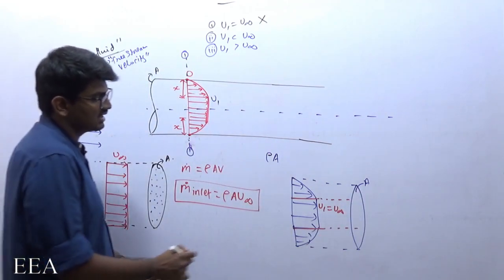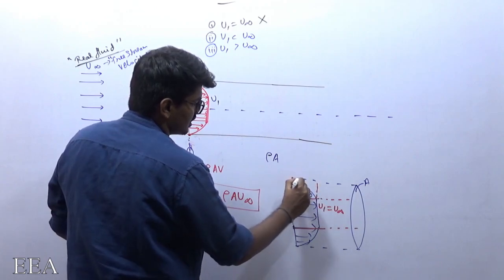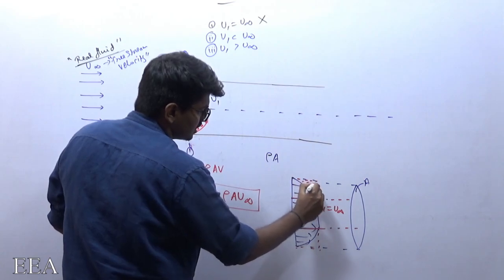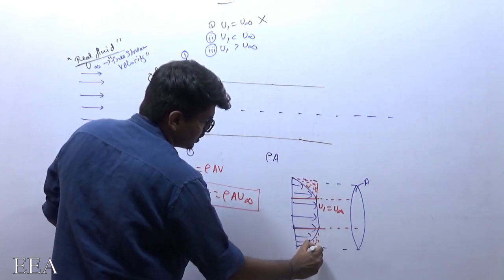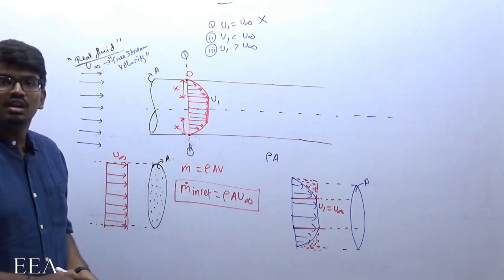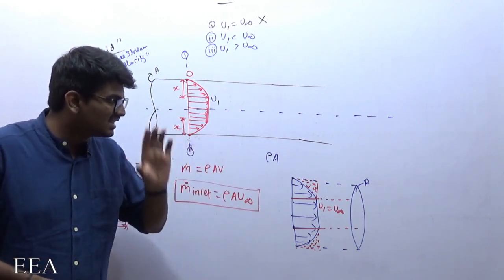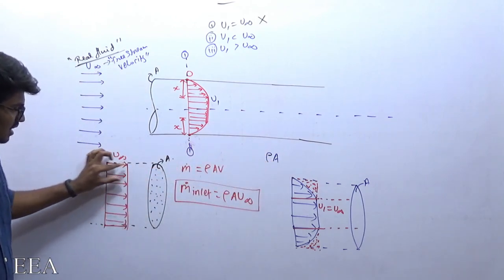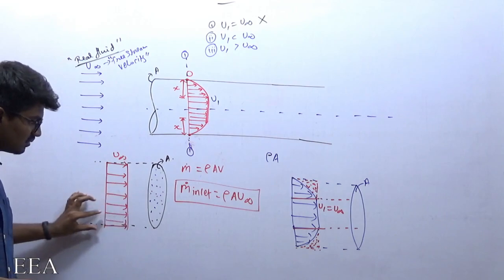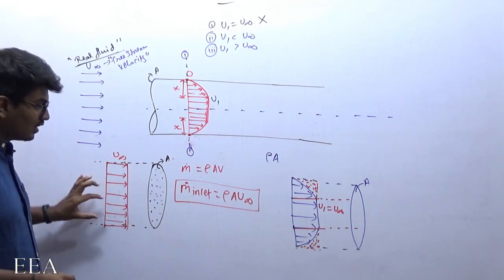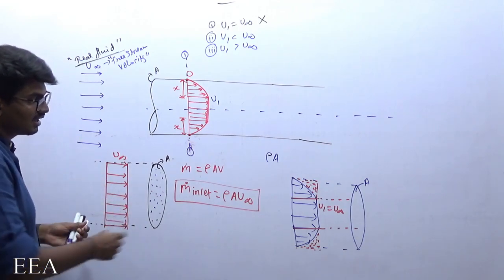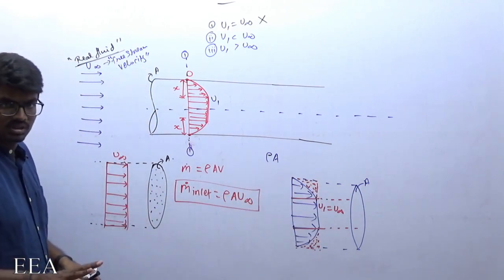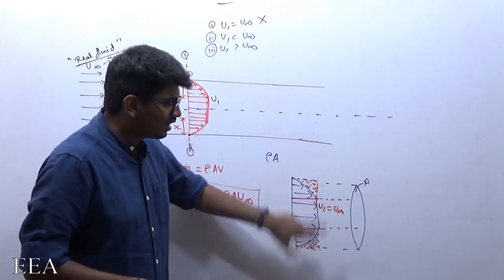But if you consider the top and bottom, this much amount of velocity has been lost. Listen carefully: over this section my velocity remains the same everywhere, but in the top and bottom this much amount of velocity has been lost.